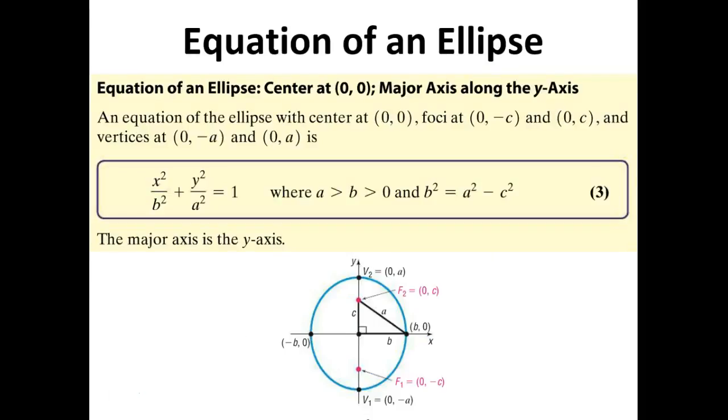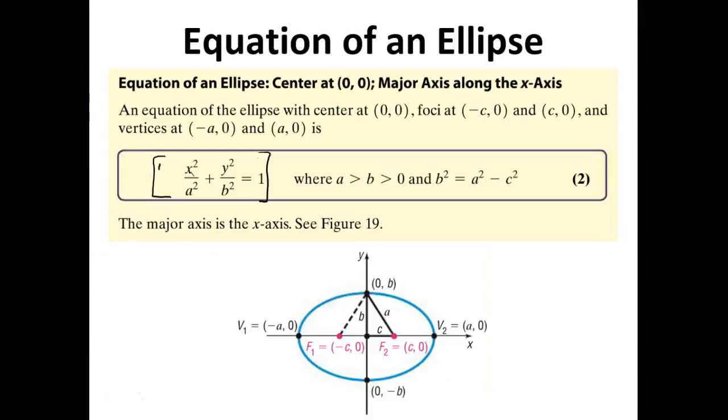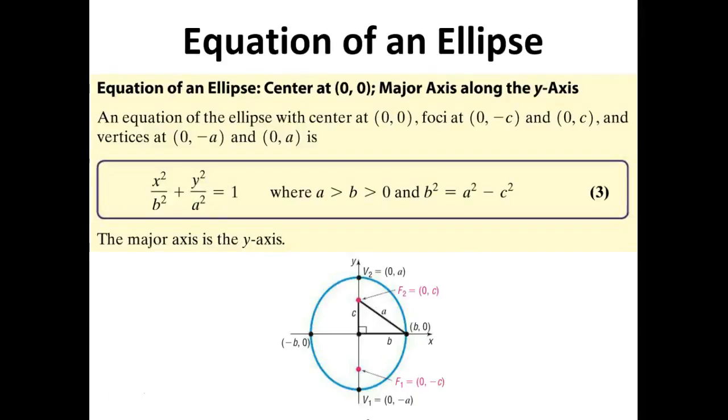Now take a look at this one. In the previous one, the major axis was along the x-axis, and the major axis was along the x-axis when the part underneath the x squared is the largest. If the part underneath the y squared is the largest, then the major axis is along the y-axis. So here, a squared is greater than b squared, which is greater than 0.